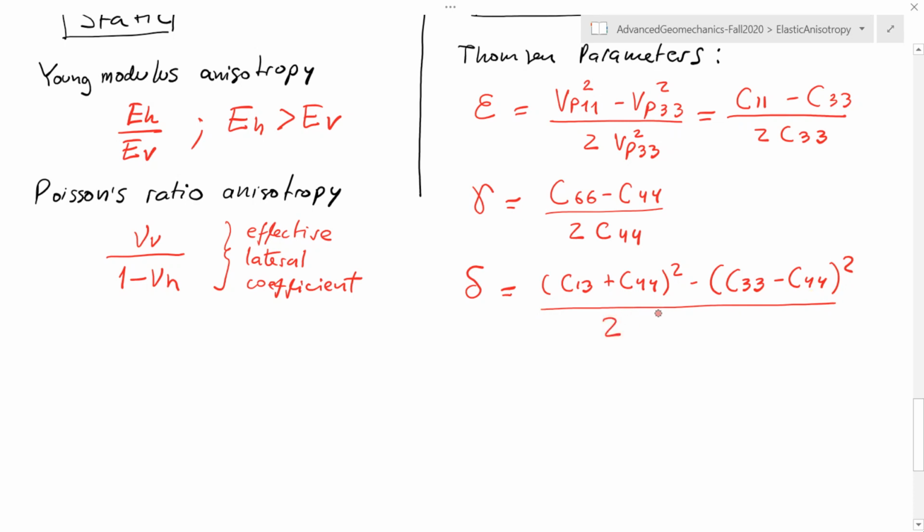Now with all of these together, I can characterize the anisotropy for the dynamic properties. This is very popular in the realm of seismic inversion, especially when you deal with anisotropic models, because you can clearly quantify the anisotropy in velocities.